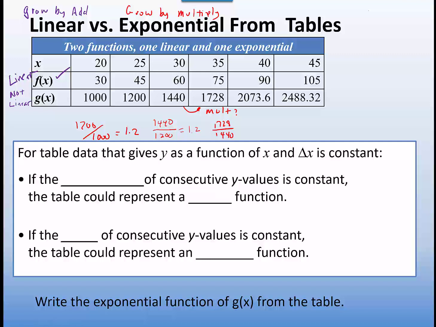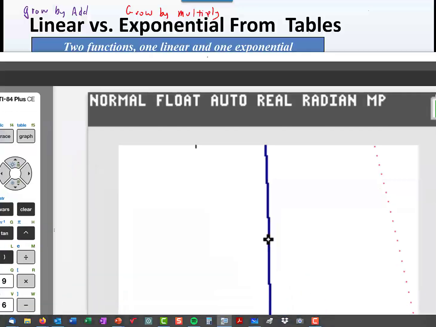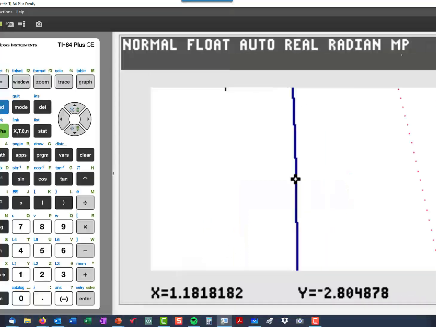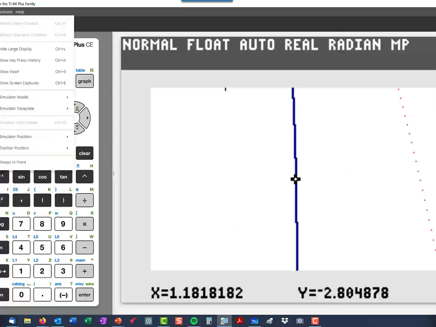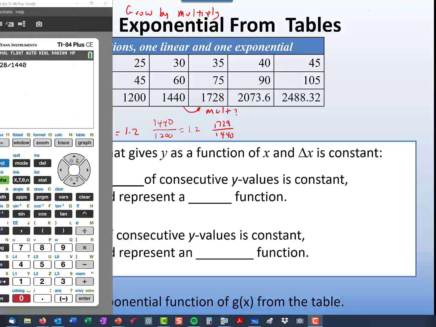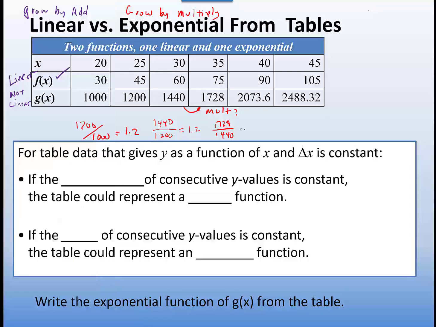Now that one's not as easy to multiply. Let's bring the calculator up here. I'm going to change the view really fast. Should have done that. Okay, you can see I pulled up the calculator here. I'm going to divide the 1728 by 1440, and I get 1.2 3 times in a row.